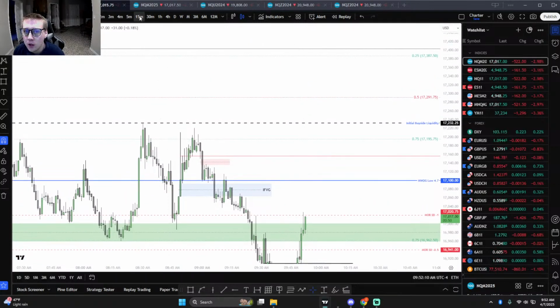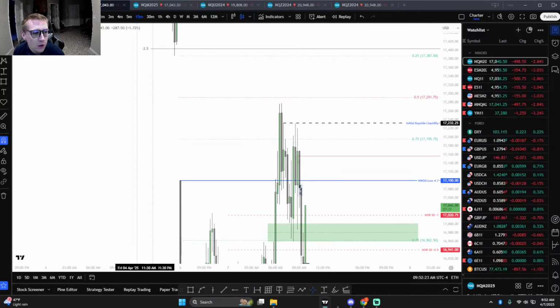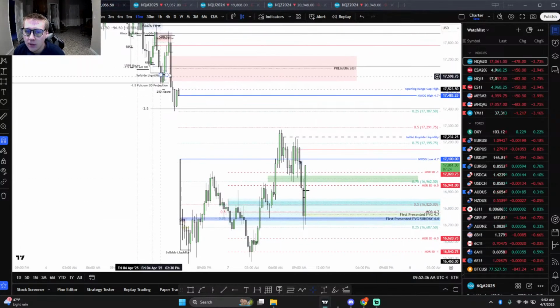And then if we want to get crazy animated beyond this 0.5, which is constant encroachment of the new week opening gap, if it wants to load, we have a premium 15-minute SIBI to note as well. Oh, here we go. We have this SIBI that we could also want to target.